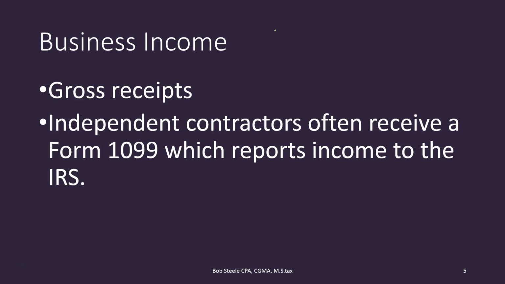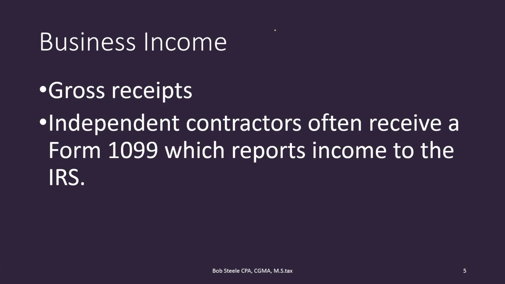In a business, it's not so straightforward. If we do contracting work for a company, say we're a painter that paints industrial buildings, and all of our clients are basically companies and we're a sole proprietor, it's very likely that the companies would at the end of the year be required to send us a 1099, which you can think of as similar to a W-2 in that they're going to say, we paid this individual this amount of money.